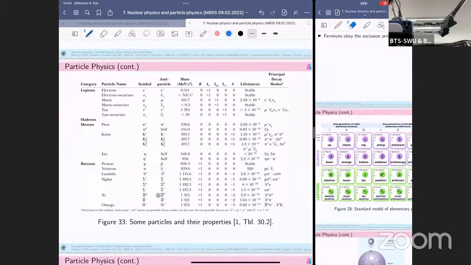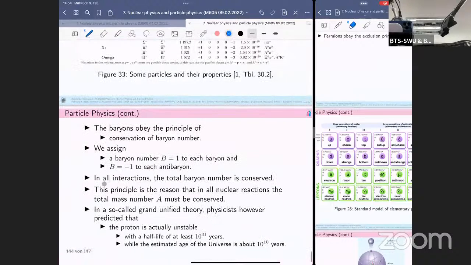But for the antiparticles, like anti-proton, anti-neutron, anti-lambda 0, epsilon plus, which is epsilon minus bar, and many antiparticles, they would have baryon number -1. Okay, and in our interaction, the total baryon number should be conserved, whether before the reaction or the decay.